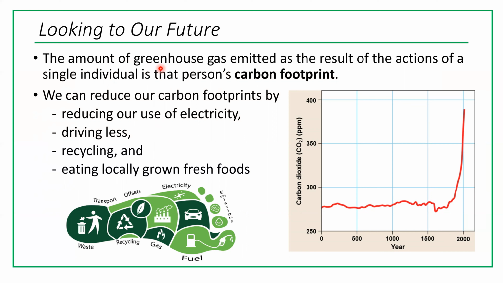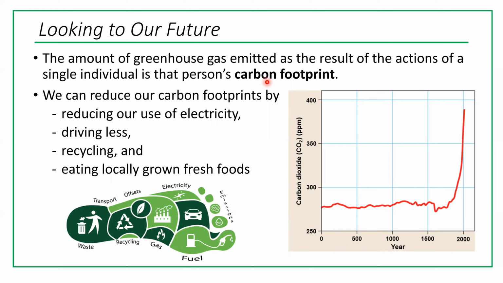The amount of greenhouse gas emitted as a result of action of a single individual is that person's carbon footprint. So every one of us has our own carbon footprint. And it depends on how much electricity we're using, how much we drive, do we recycle or not, do we eat local food or do we eat food that is exported, right?